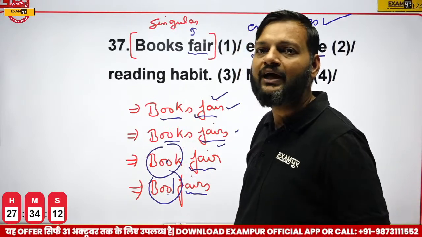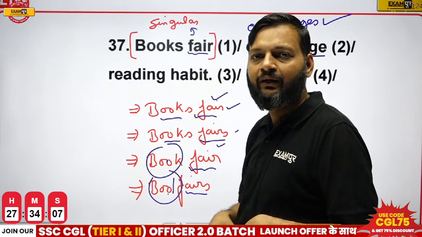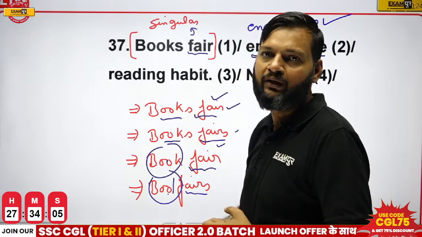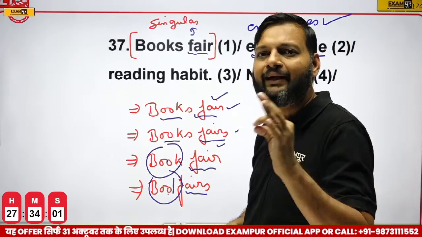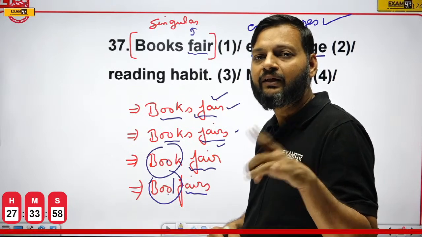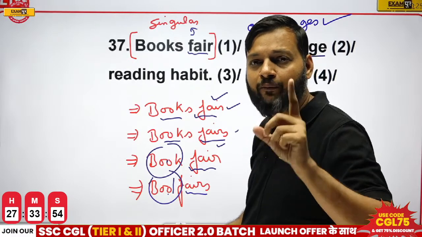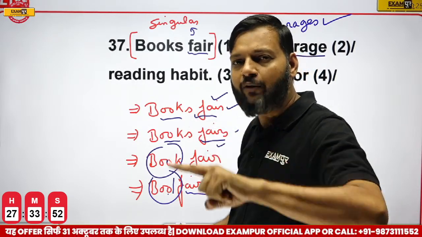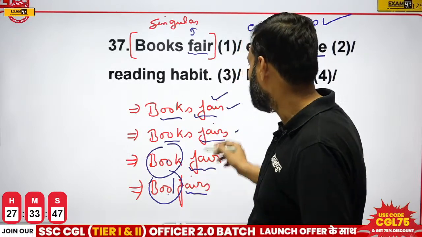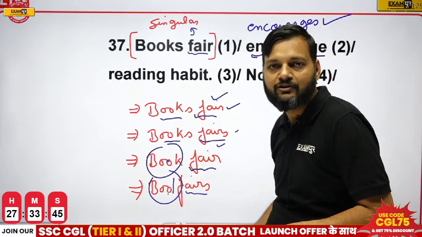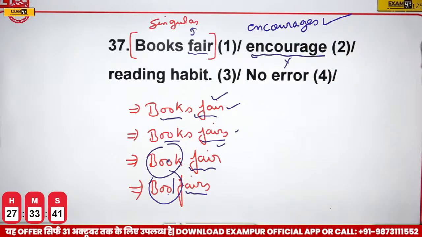If we are talking about a group, a collection, the noun cannot be singular, because a singular noun cannot make a collective noun. A boy cannot form a group. To form a group, we need more than one boy, right? Clear? Okay. Now the next one.